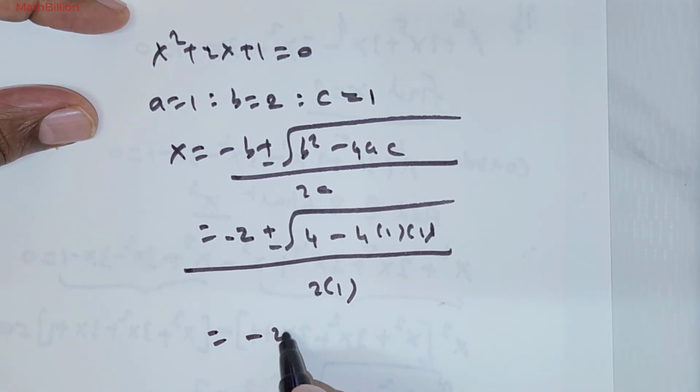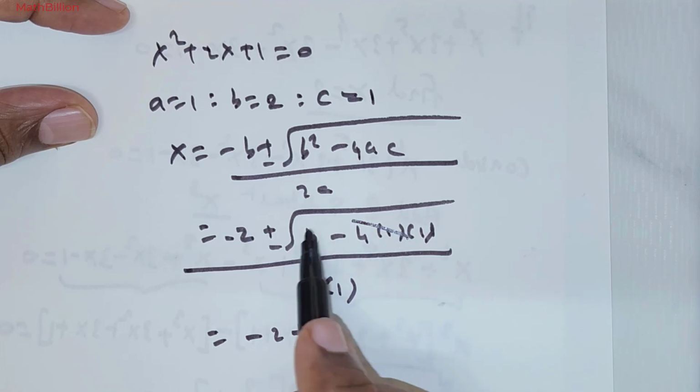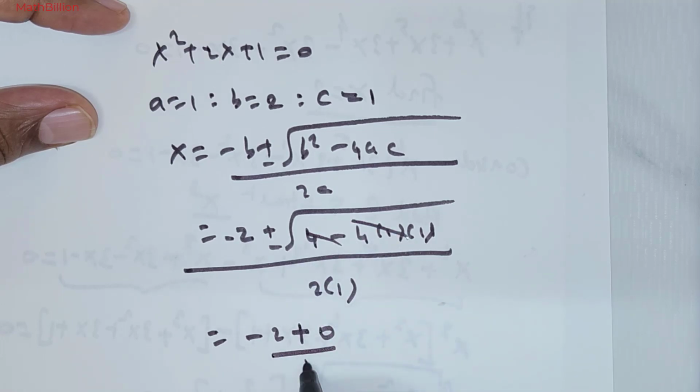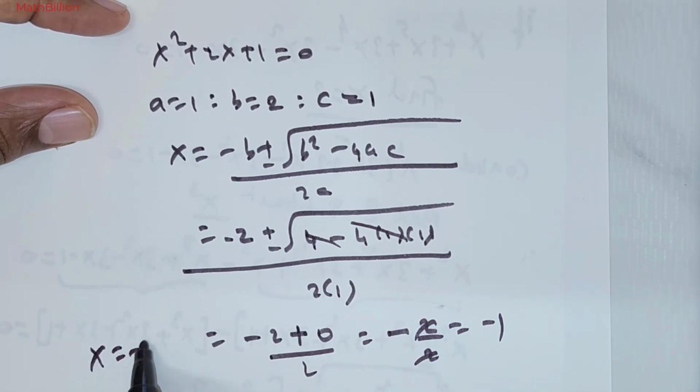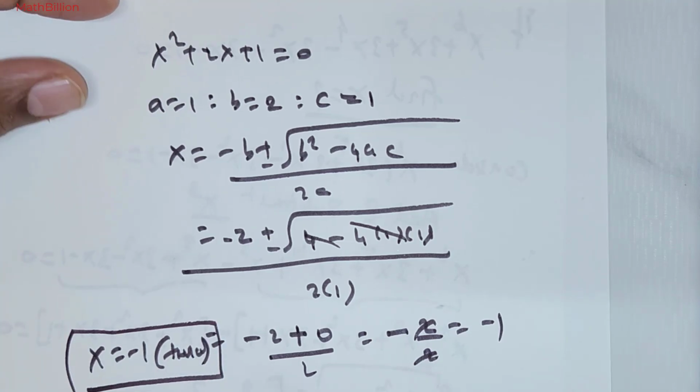So this is going to be -1 ± 0, divided by 2. So -2 divided by 2, which means -1. So x = -1 twice. This will be the root.